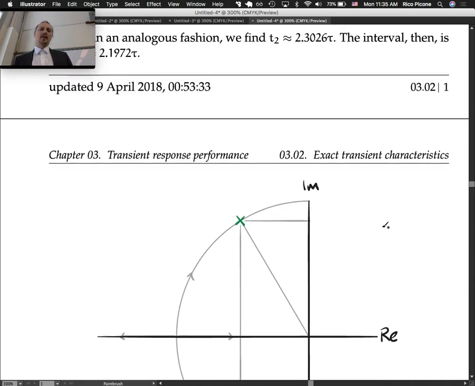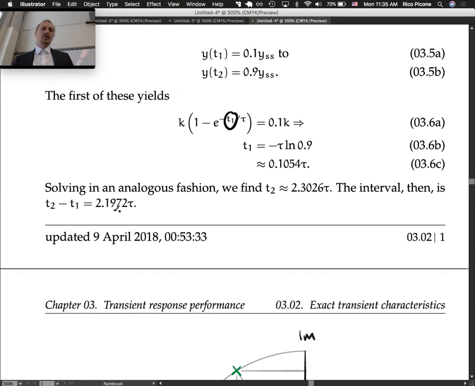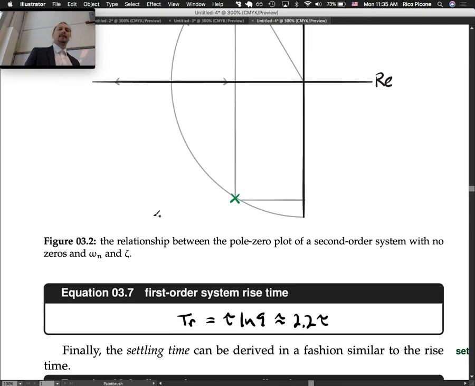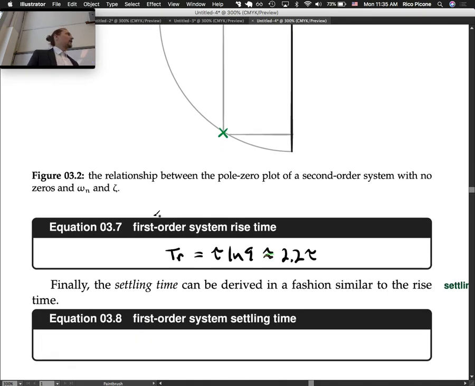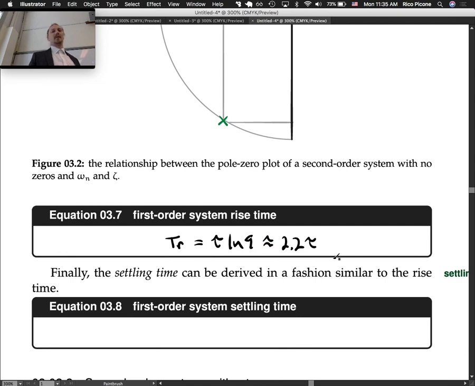We approximate 2.1972 to be 2.2. So when you have a first order system and you know its time constant, you multiply that by 2.2 and that's its rise time approximately. So it's kind of nice.